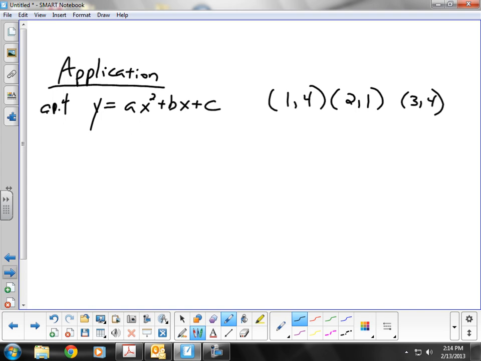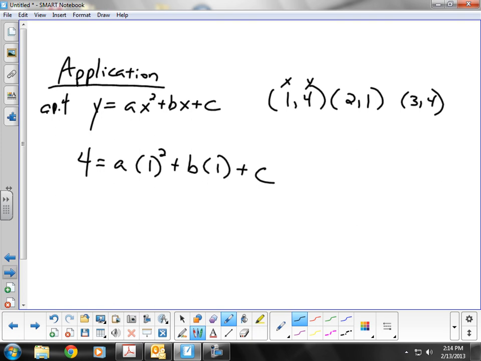So the only thing that you really have to remember to be able to do this problem is that in a point, the first number is the x, the second number is the y. So you can plug that back in, right? So this says 4 is equal to a times 1 squared plus b times 1 plus c. Everybody see that I put 4 in for y and 1 in for x.